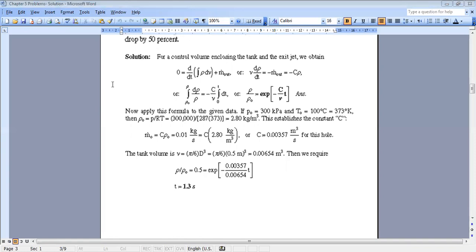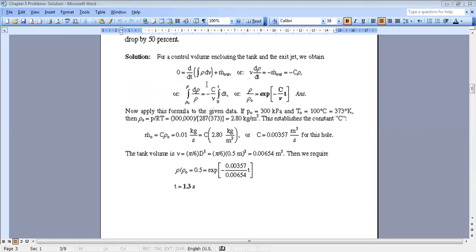At the initial state, P0 is equal to rho 0 times R times T0. So rho 0 is equal to P0 over RT0. Once we have the value of rho 0, we can perform the integration.